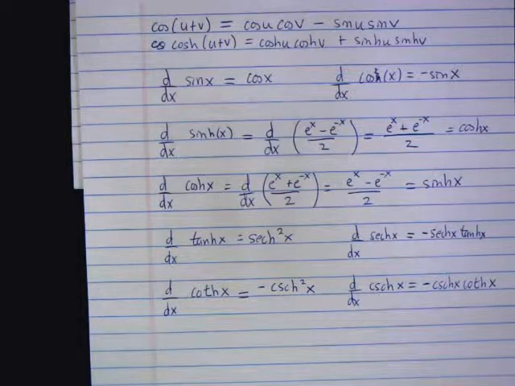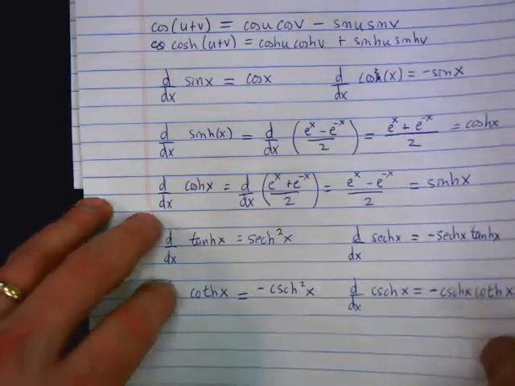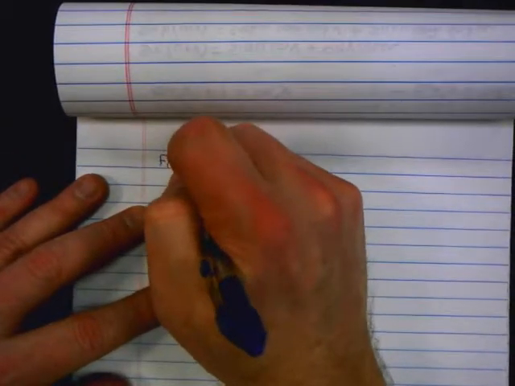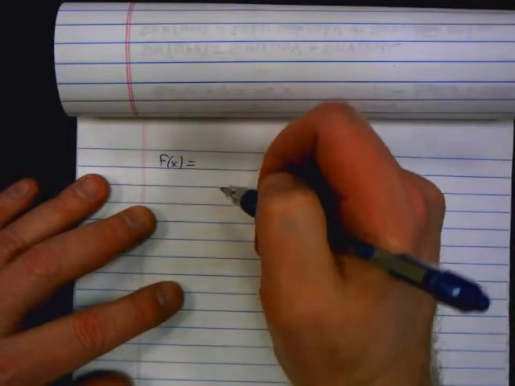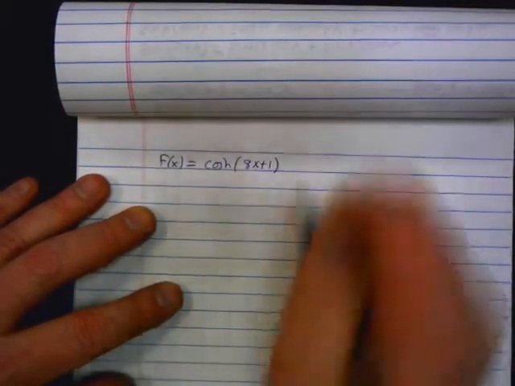All right, so here's the kind of homework problems we're going to see. F of x is hyperbolic cosine of 8x plus 1.